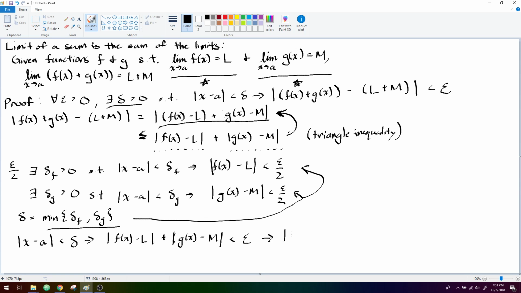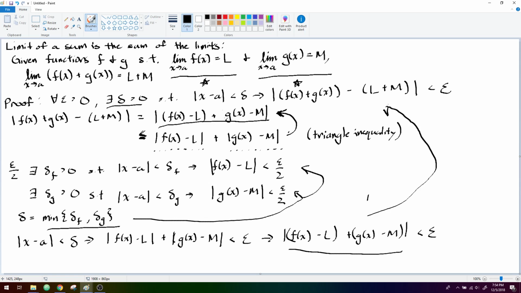So we have f of x minus L plus g of x minus M. And this time we've grouped both of these expressions under the same absolute value sign. All of that is smaller than epsilon. But this is nothing but a rearranging of this term right up here, which is the thing that we needed to prove.